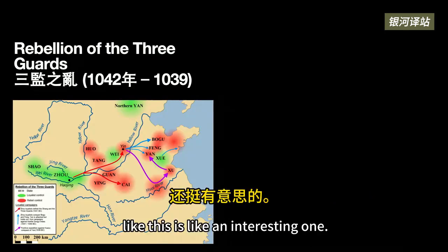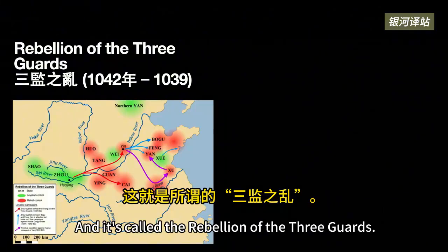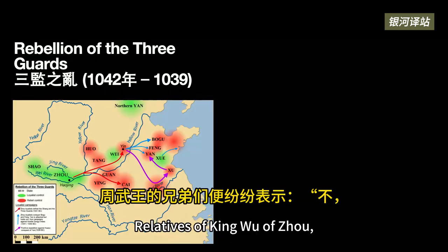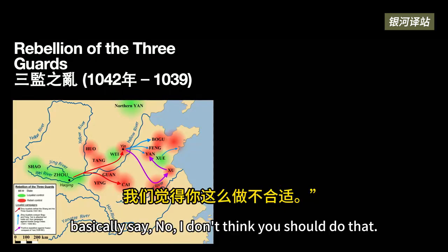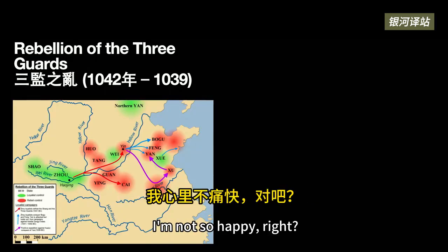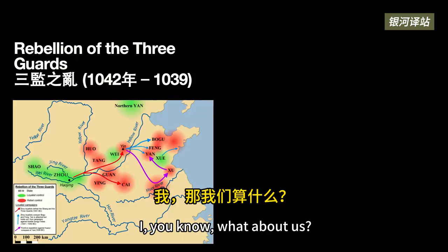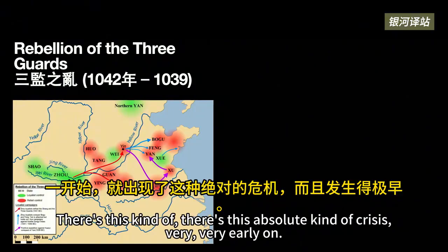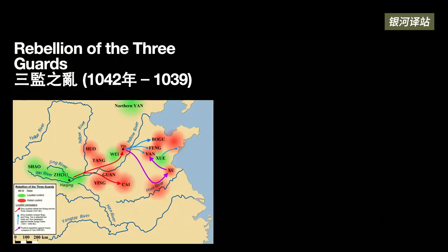It's called the Rebellion of the Three Guards, because after the Duke of Zhou proclaims himself as regent, relatives of King Wu of Zhou basically say, no, I don't think you should do that. I'm not so happy. What about us? And they actually rebel against this early state. There's this absolute crisis very, very early on.